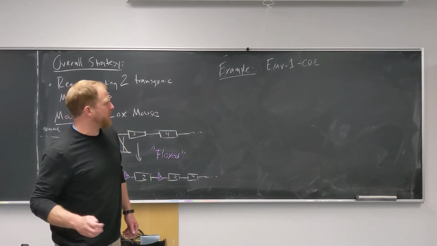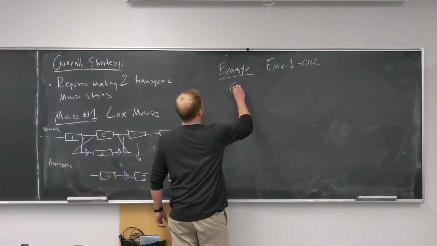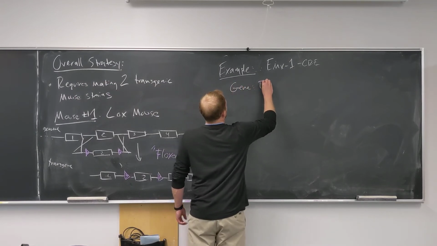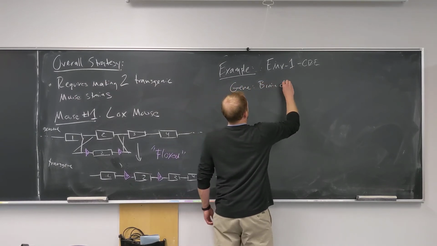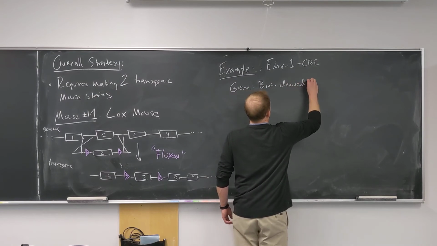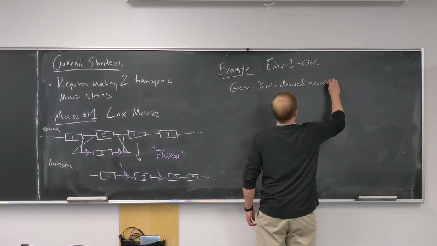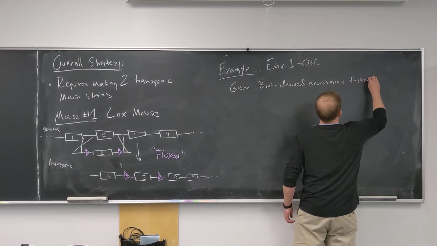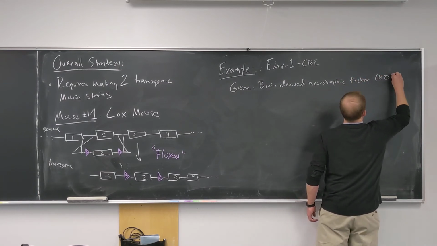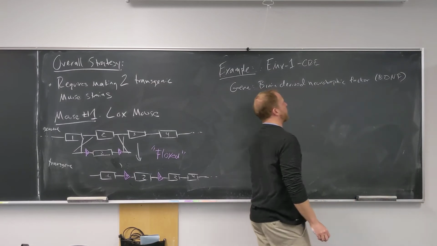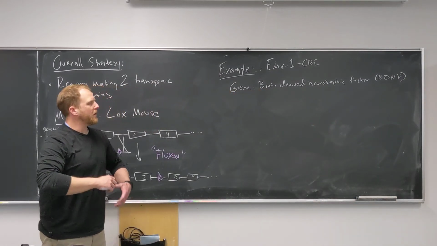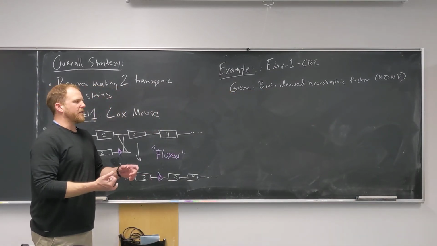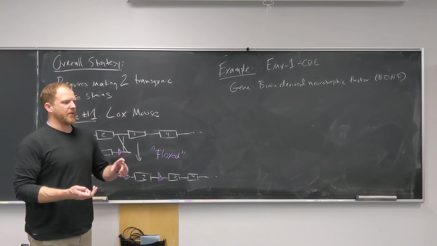In my PhD, we were interested in a gene called brain-derived neurotrophic factor, BDNF for short. It's a really important signaling molecule in the brain. It's important for brain development, and also for learning and memory.